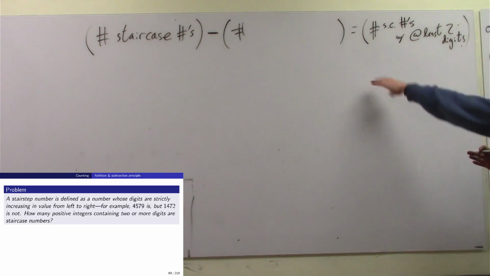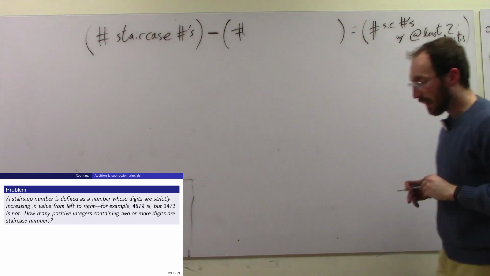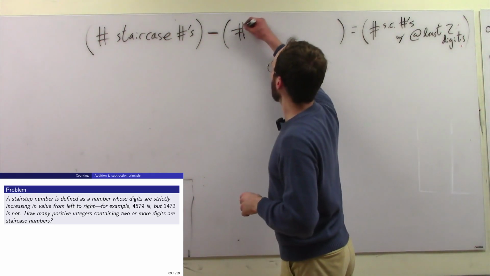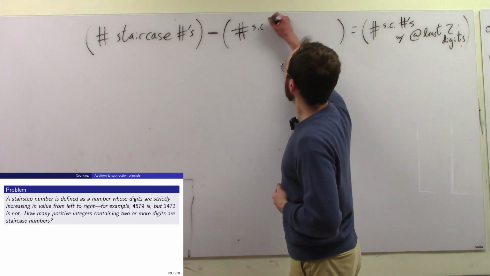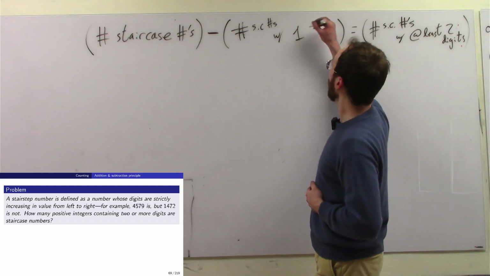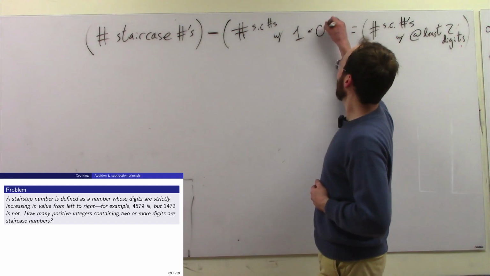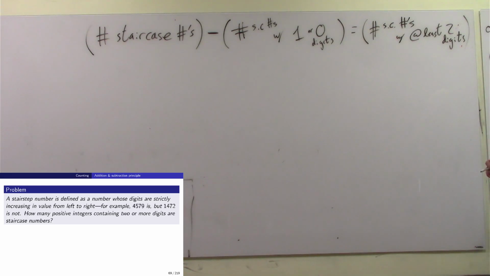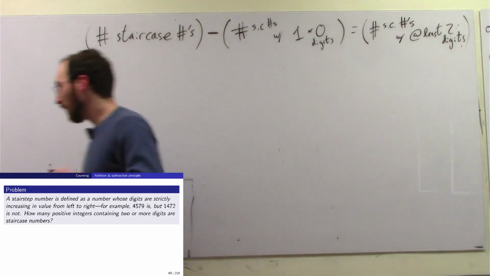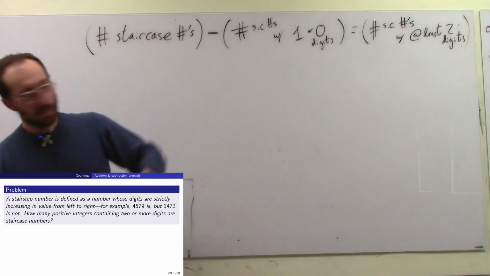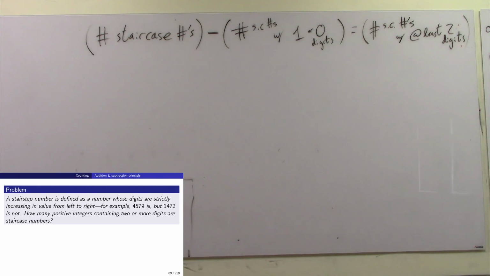If I can find all of my staircase numbers and subtract off the ones with 1 or 0 digits, then we have what we actually need. If you see something like at least or at most, there's a good chance a subtraction will help you out.